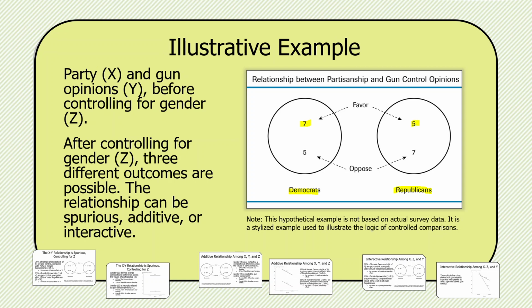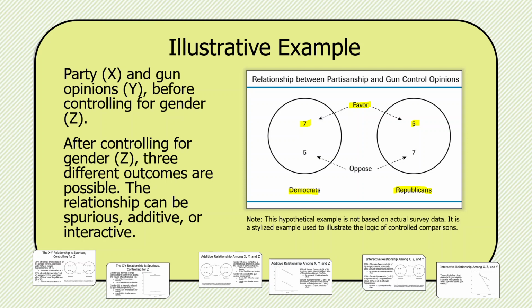So the percentage of Democrats here is about 58% favor control, and the percentage of Republicans is 42, 43%. So if we are doing this simple comparison, we would conclude that the uncontrolled relationship shows that partisanship is having an effect.